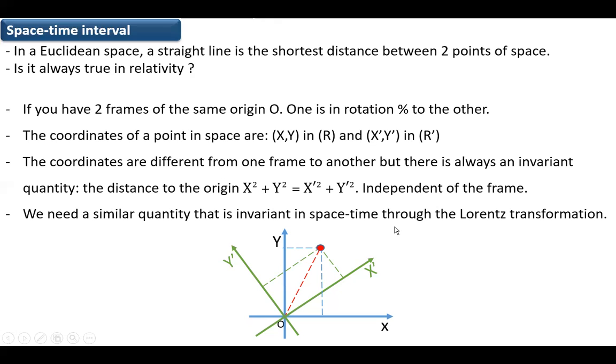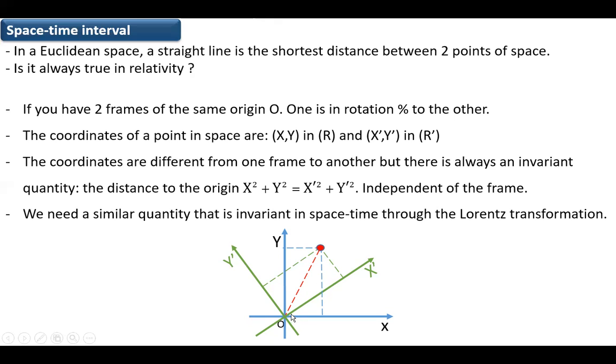So two sets of coordinates, x is different from x prime, y is different from y prime, but you have a quantity that is always invariant, which is the distance from the point to the origin, this red line. This red line is the same no matter the frame.